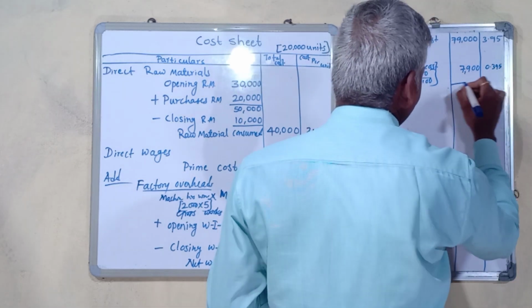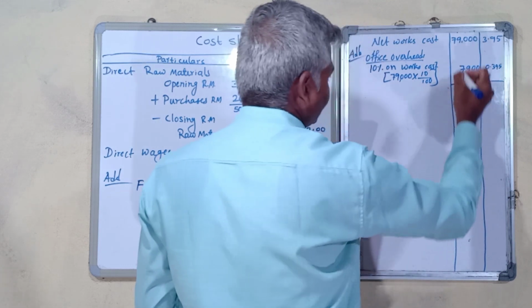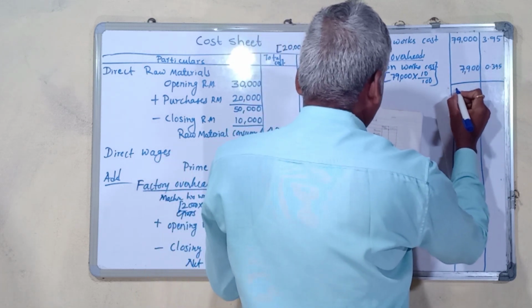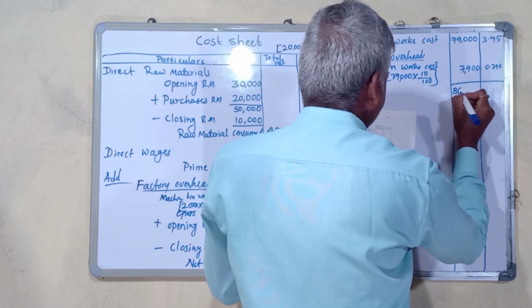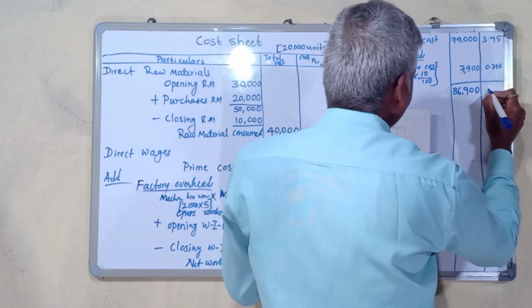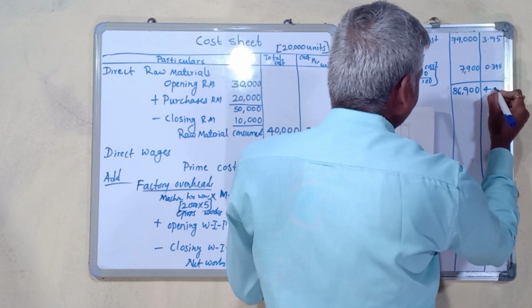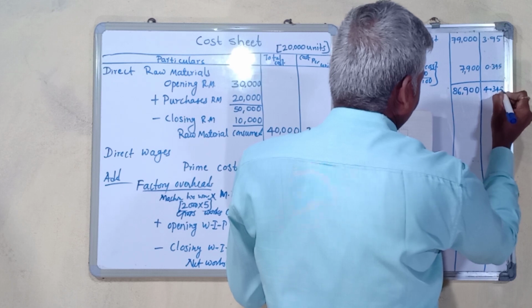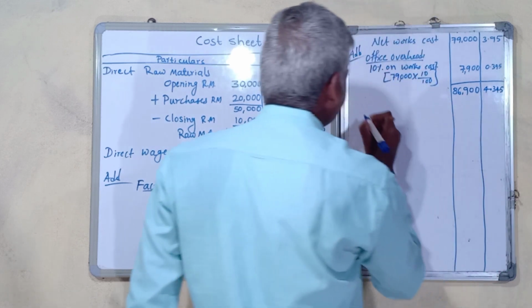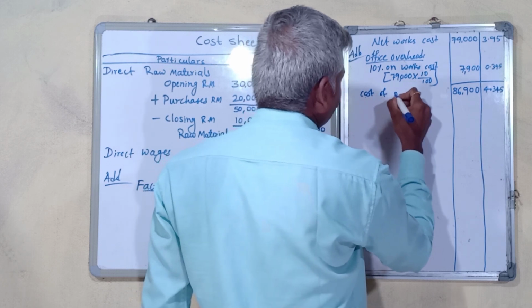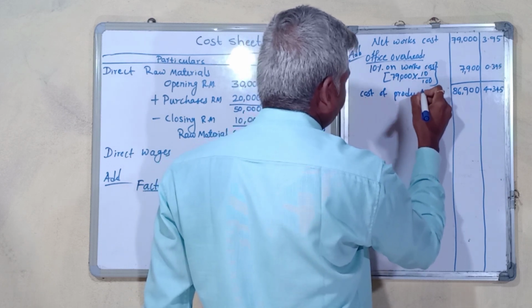Then if you add this, we will get 86,900. Cost per unit is 4 rupees 345. This we call cost of production.